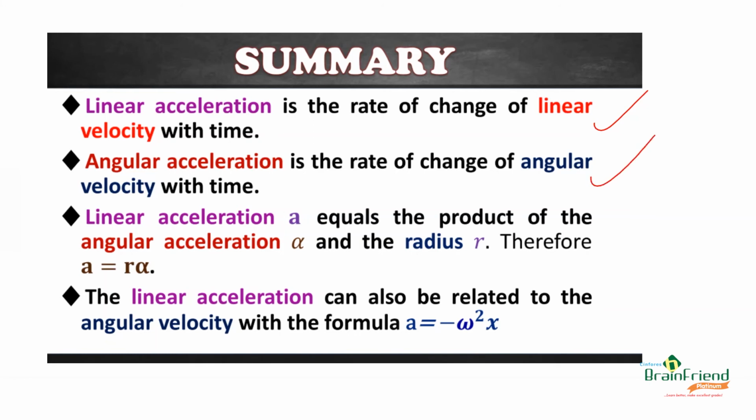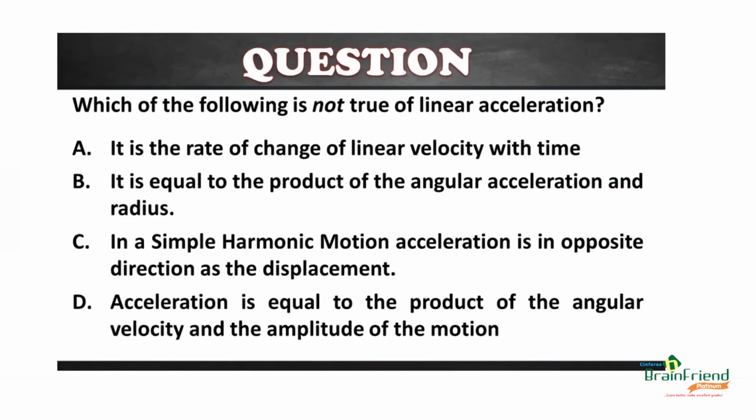Going on, we learned that linear acceleration A equals the product of the angular acceleration alpha and the radius r. Therefore, A is equal to r alpha. Finally, we learned that linear acceleration can be related to angular velocity with the formula A equal to minus omega square x.